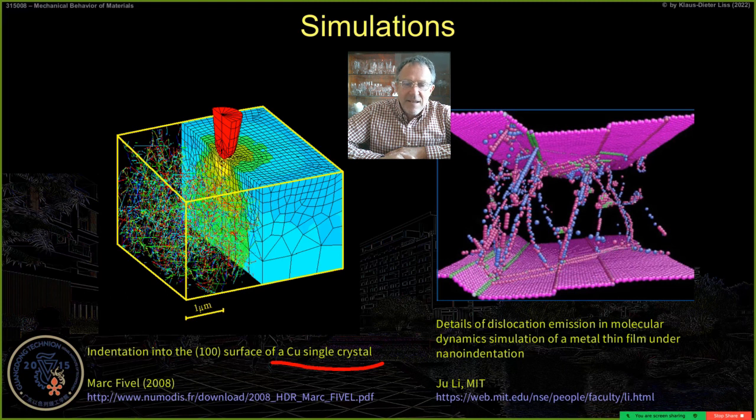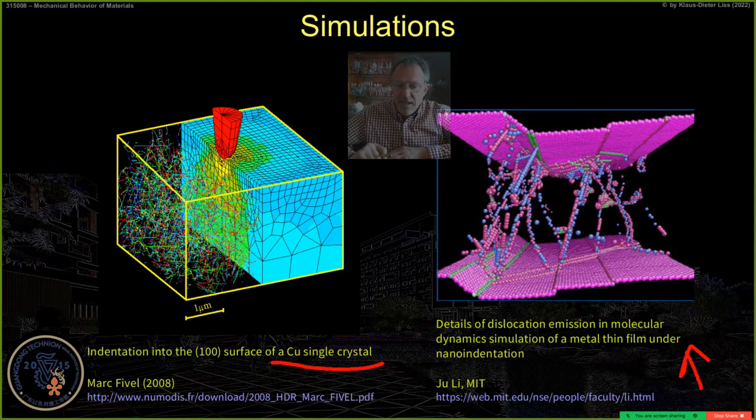So you really can get local strain stress curves out of it. Well advanced with computers and modeling. Then the details of the dislocation emission in a molecular dynamics simulation of a metal thin film under nano indentation. We know people at GT, there's a group doing molecular dynamics simulations. So we at GT, Professor Wang, he does studies, for example, in this direction.